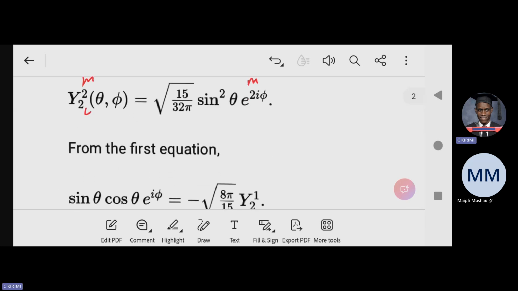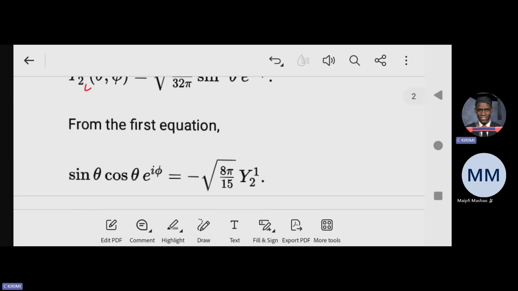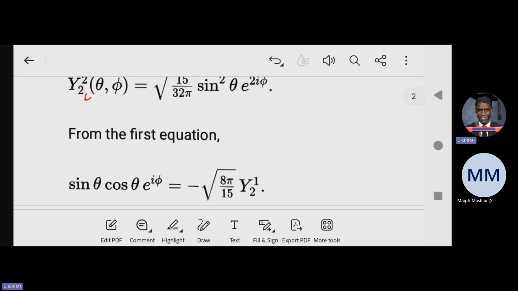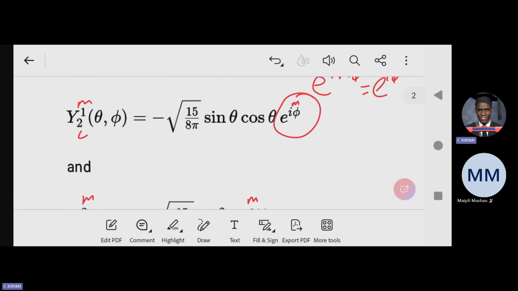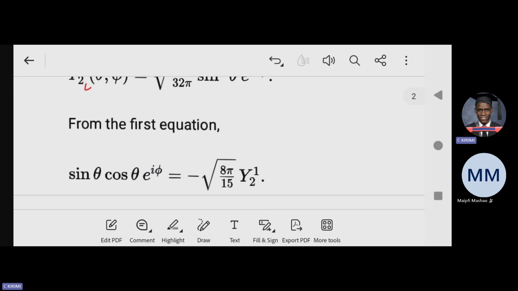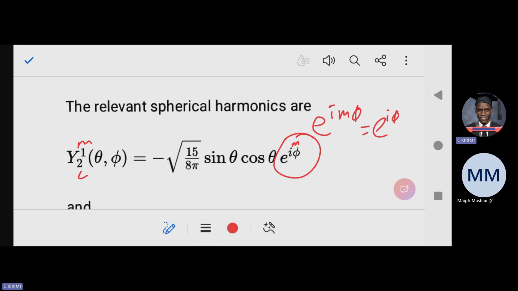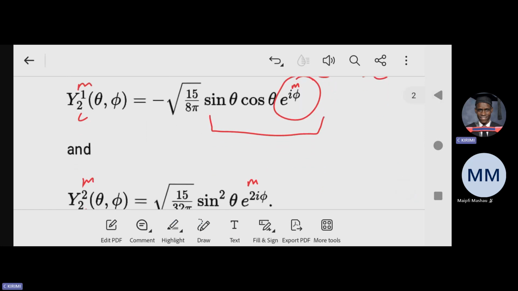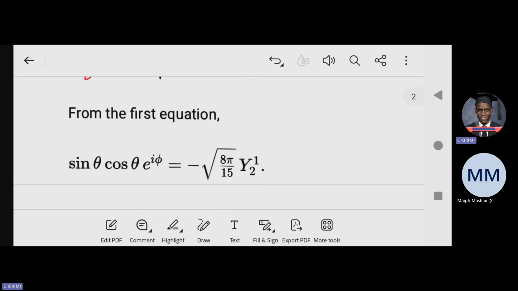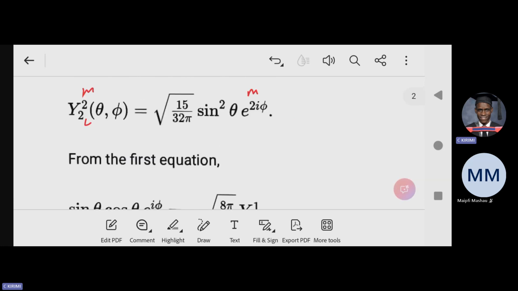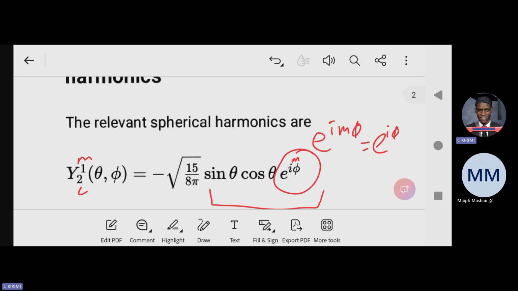Right. So from the first equation, what are you going to get? When you rewrite this first equation in terms of sine theta cos theta e to the power i phi, you are trying to get this variable, sine theta cos theta multiplied by e to the power i phi. So you make that the subject of the formula. You are just rewriting equation 1. From equation 1, everything goes to the left.